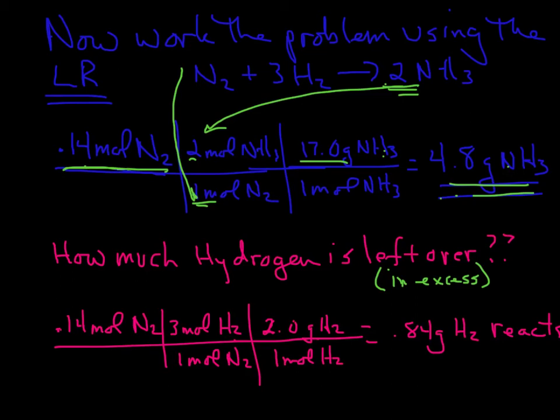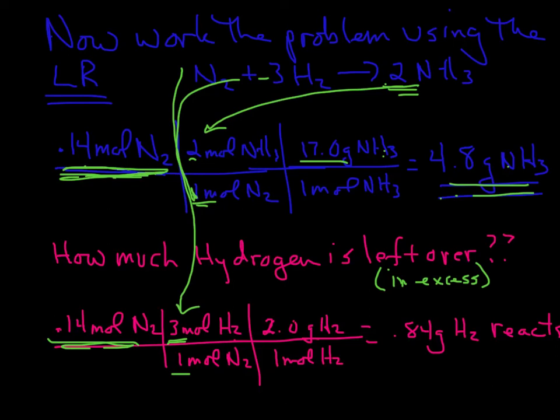And at the same time, I can also ask myself how much hydrogen is left over, or in excess. So we can start again with the same number, 0.14 moles of nitrogen, and find out how much hydrogen will react with it. So I'm going to take 3 moles of hydrogen. That 3 comes from the coefficient in the balanced equation, over 1 mole of nitrogen. That comes from the balanced equation. This is my mole ratio, times 2.0 grams of hydrogen over 1 mole of hydrogen.